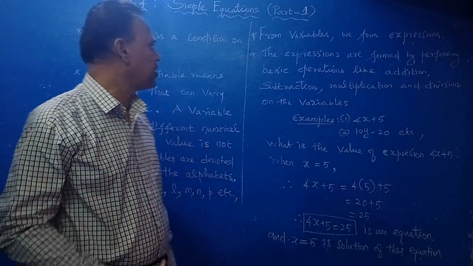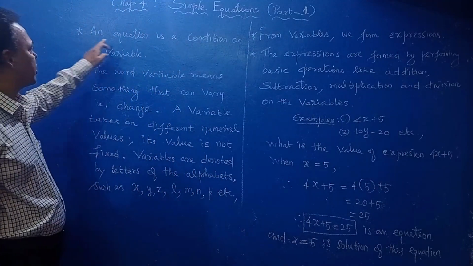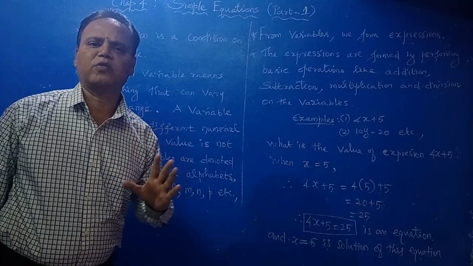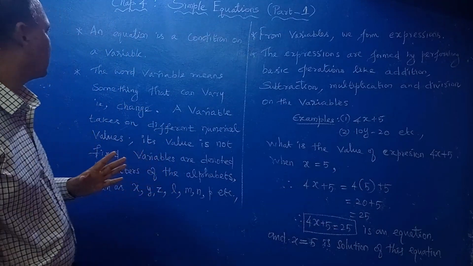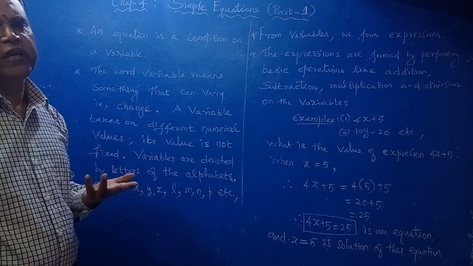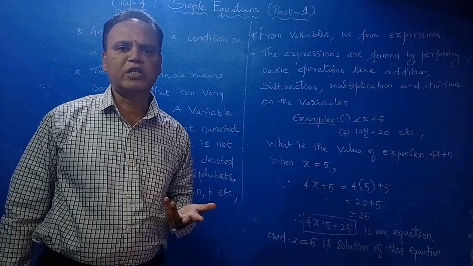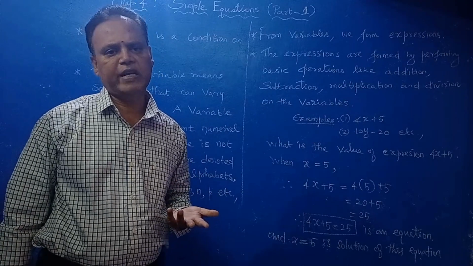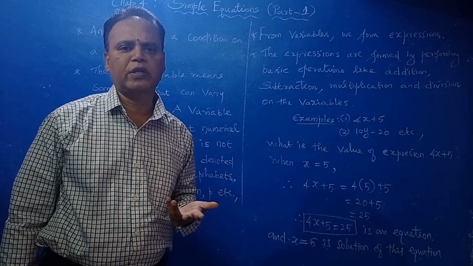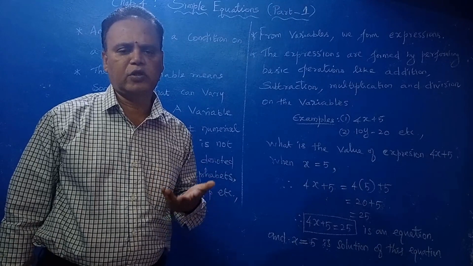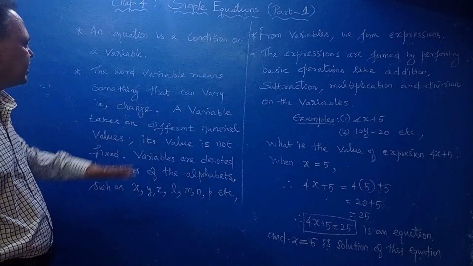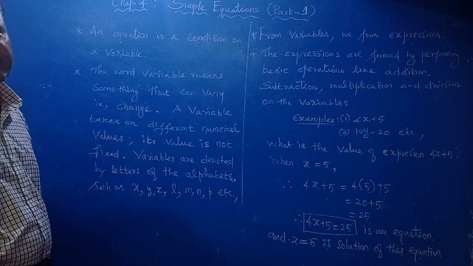Just to recall, an equation is a condition on a variable. You know what a variable is. Variable means the value changes. It is denoted by x, y, z, like that. The word variable means something that can vary, that is, change.